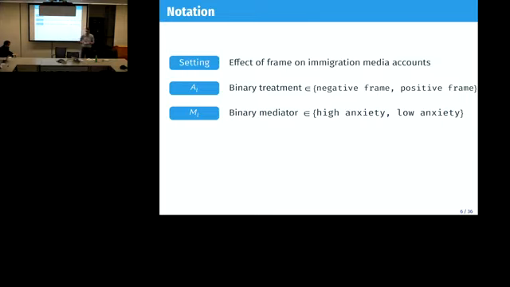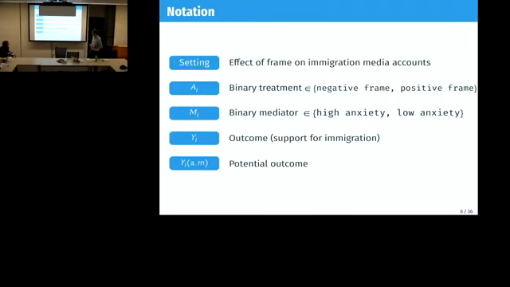It might be the case that this negative or positive framing of immigration might induce higher or lower levels of anxiety in a person, and that might lead them to take different actions or support different policies. The outcome we're interested in is support for immigration. So A is the treatment, M is the mediator, but in general this is just the post-treatment variable whose effect we want to net out, and the outcome is Y.